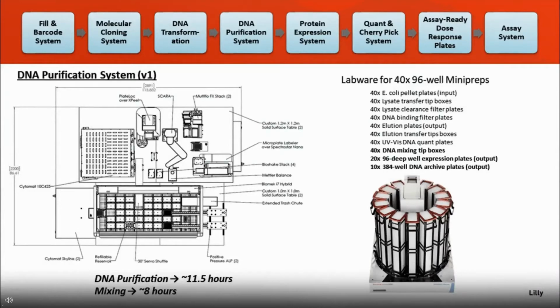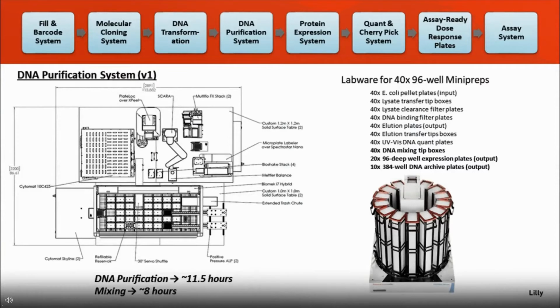When you look at the plates that are coming in, the tip boxes required to transfer samples from the E. coli pellet deep well plate onto the filter plates themselves, elution plates, and tip boxes to make that aliquot of eluted material, there's a lot of labware associated with this process. The time in the models with Beckman was 11.5 or so hours just for the DNA purification side of things.